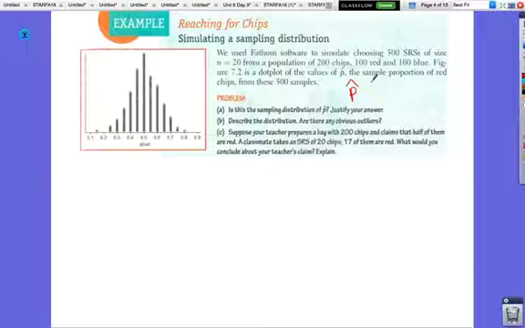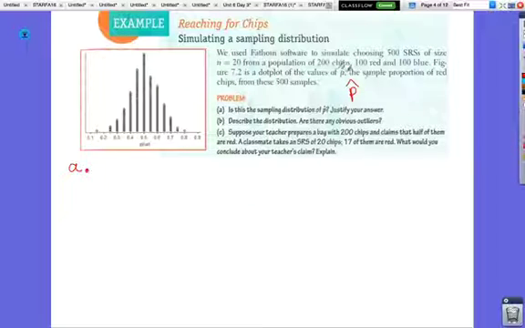So A says, is this the sampling distribution of p hat? Whenever you look at this graph, it is not the sampling distribution of p hat because it doesn't show the values of the statistic in all possible samples.